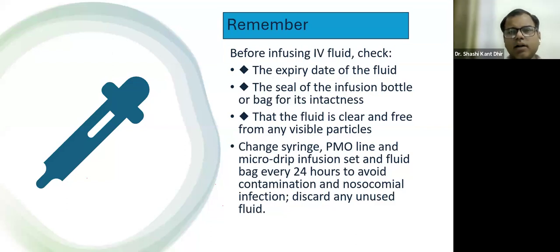And definitely in government hospitals, we should try to discard the fluid after whatever time is logistically feasible. If there are enough sisters and ample supplies available, we should definitely change this within 24 hours. These are the guidelines of FBNC also, right?